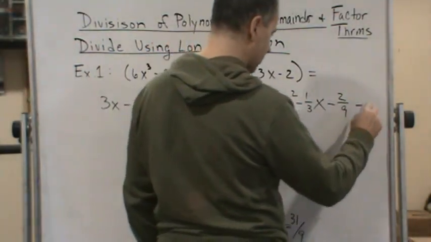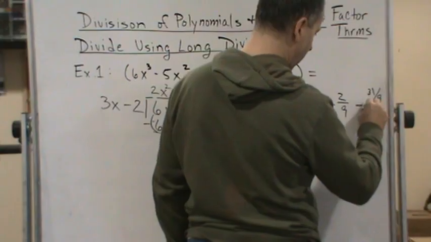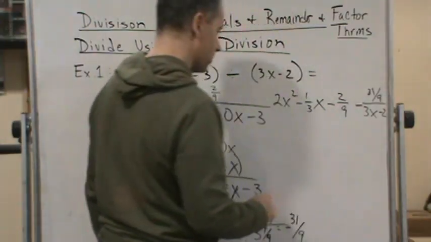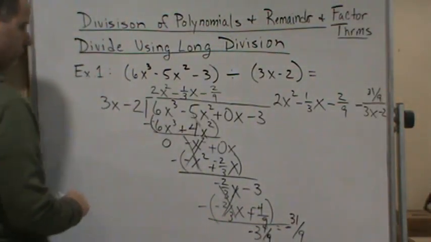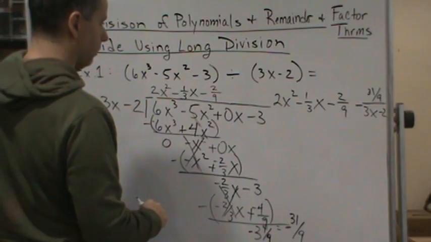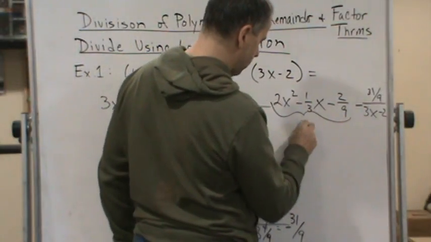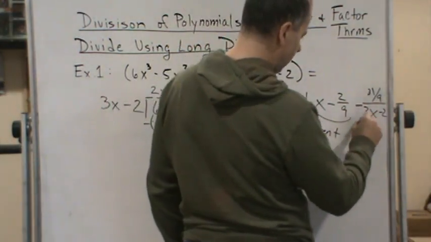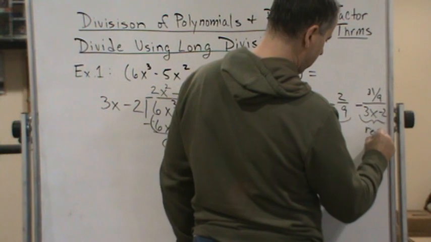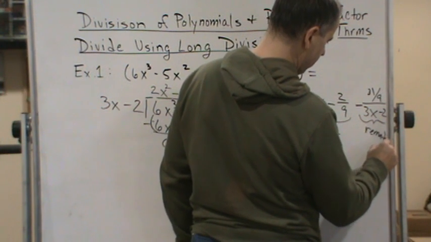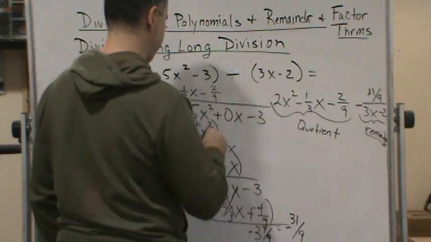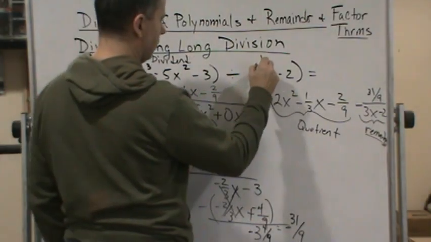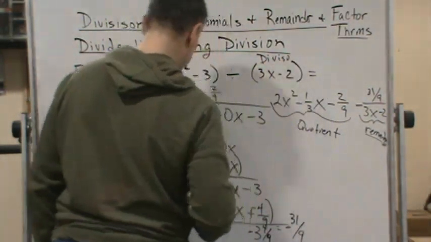So we would write minus 31/9 over 3x minus 2. So this is our quotient, just like in division, this is our remainder, this is the dividend, and this is the divisor.